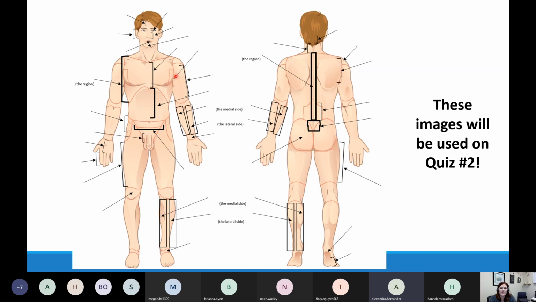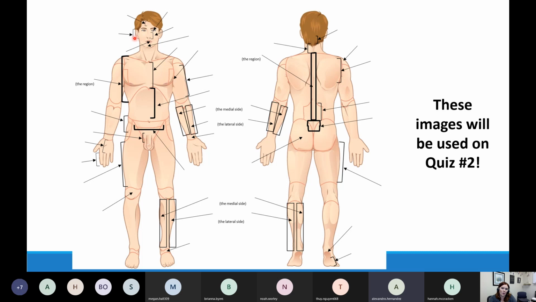Another regional term that'll be new to us, the ear region is called the auricular region. It gets its name from something we'll talk about in the very last week of lab called the auricle. So the auricular region is named after the auricle, which is the outside part of your ear that you can see.